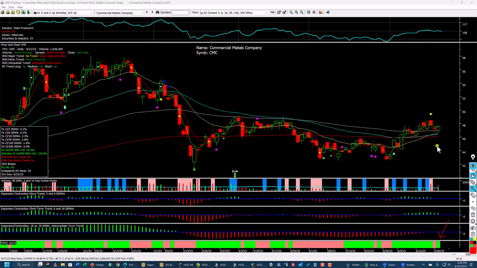Okay, there is the crossover, and this is setting up. Here's your impulse move. Here is the pullback. We're looking for the pullback, but we did get a crossover yesterday. Still getting used to this drawing program.